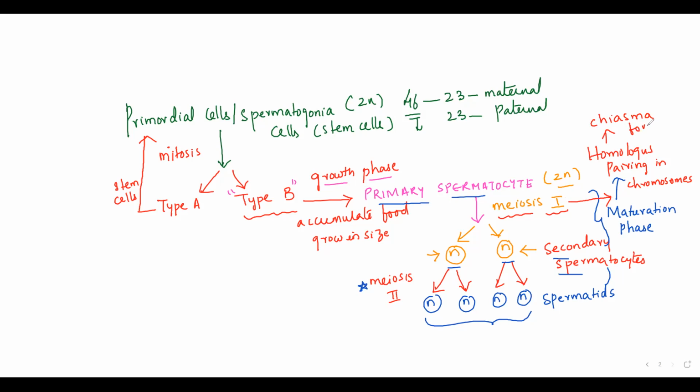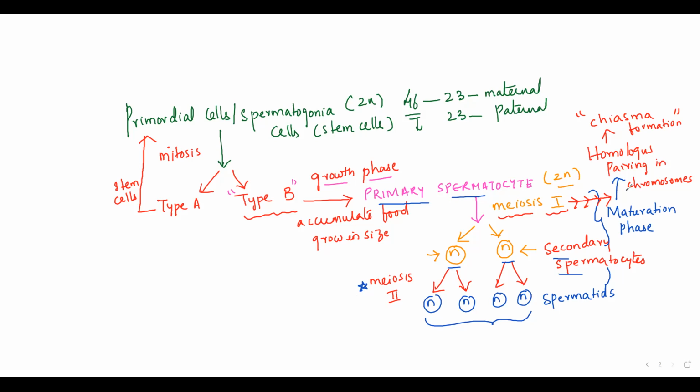So the genetic information is getting exchanged. This is very important, because meiosis 1 ensures that genetic information is exchanged between the maternal and paternal chromosomes.